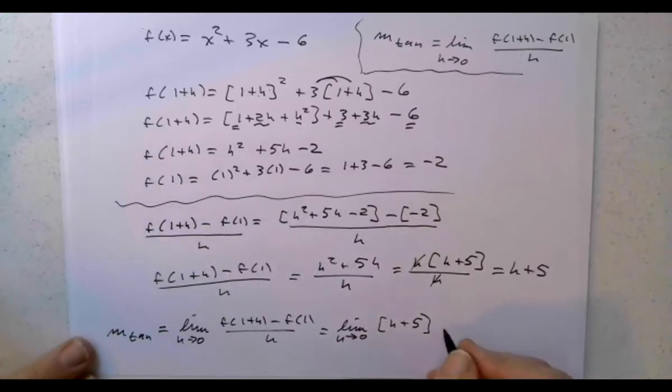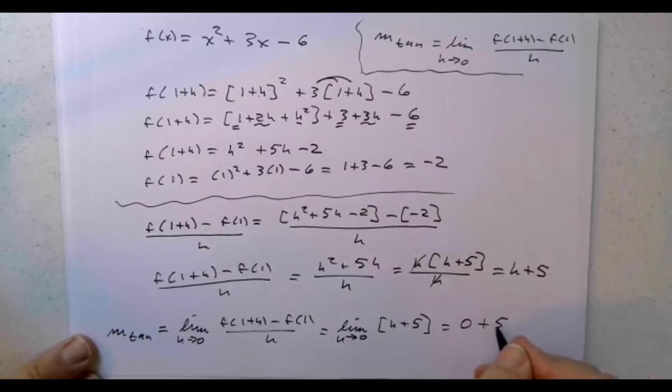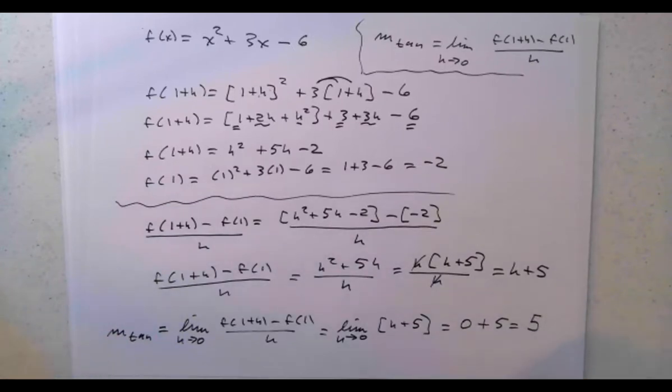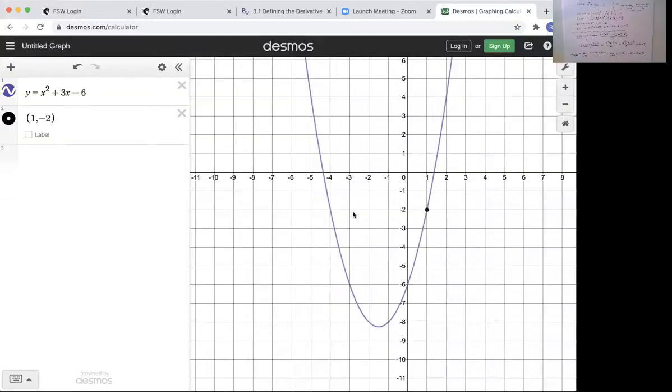Well, just plugging in 0, I get 0 plus 5, and I get the slope is 5. Now that's supposed to be the slope of our tangent. So let's go back and take a look at our graph. Again, based on our computation, we believe the slope of the tangent here is 5.